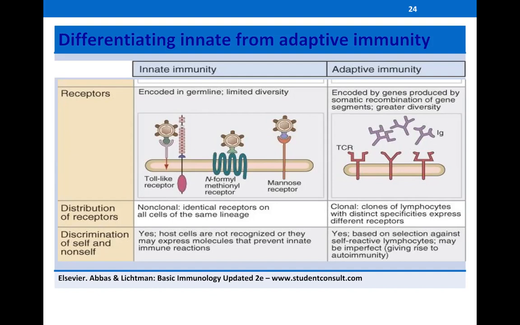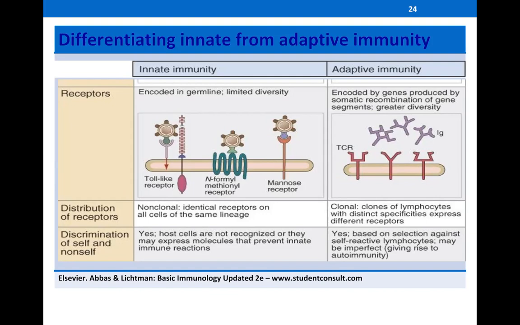Okay. And lastly, the discrimination of self and non-self, they're actually both exhibited by innate and adoptive immunity. In the innate immunity, the host cells are not recognized, or they may express molecules that prevent innate immune reactions, whereas in the adoptive type of immunity, they are based on the selection against self-reactive lymphocytes.